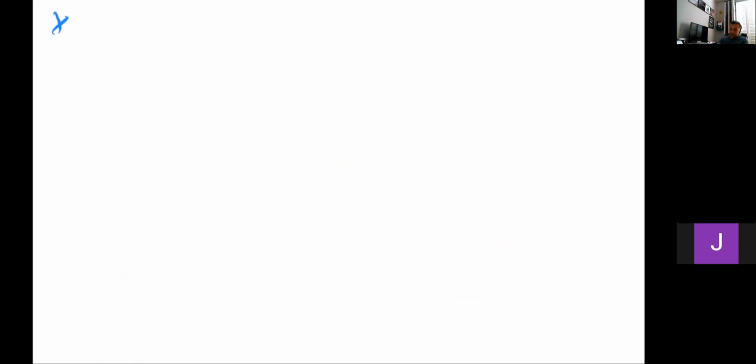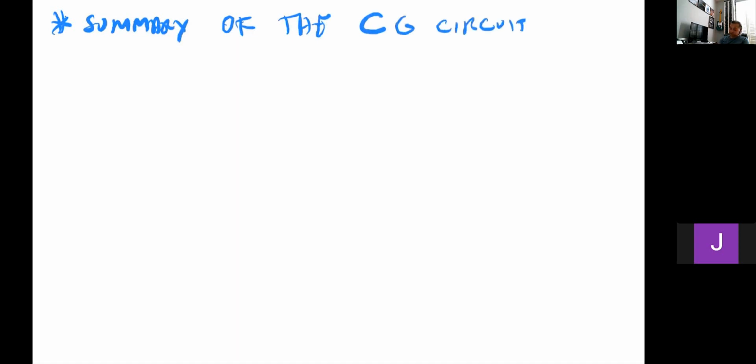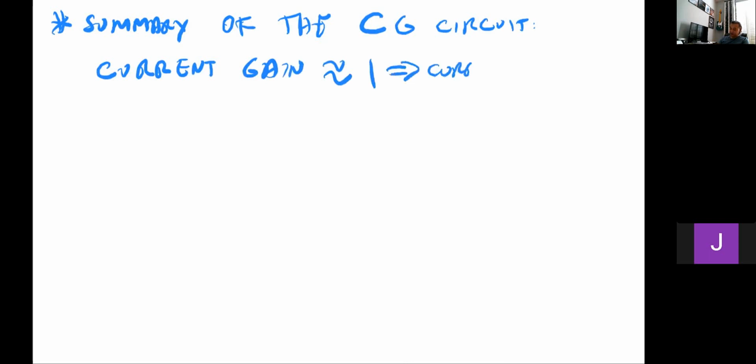So this is the summary of the common gate circuit. Current gain: about 1, because it is a current buffer.